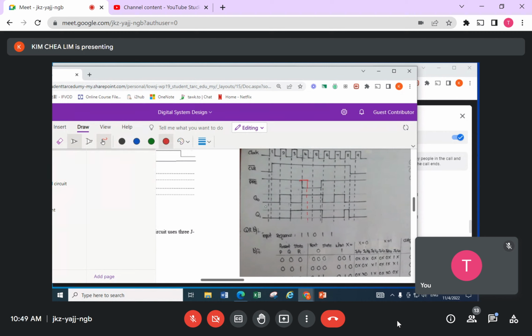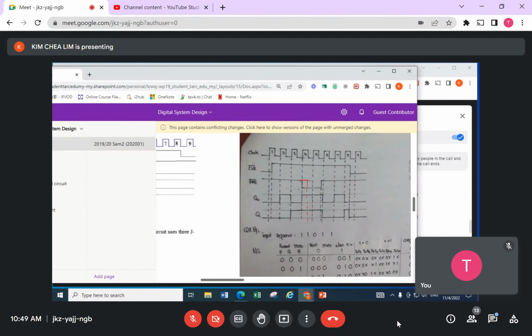I want Q0. Q0 is actually from JK, and for the JK, both J and K are connected to 1. So actually it's 2 T flip-flops. The question actually never says where to start. Why? Because my clear is 0.